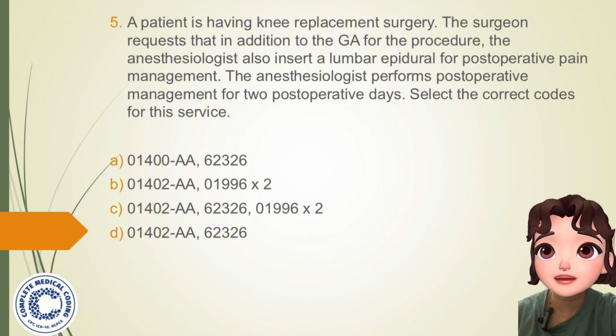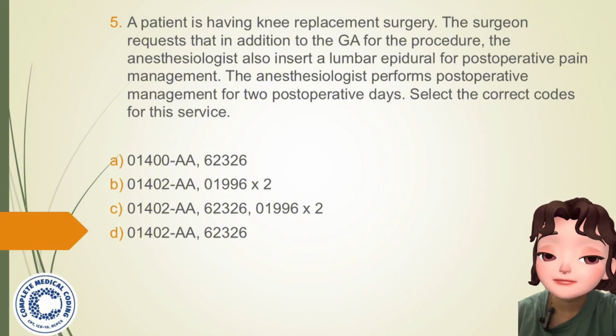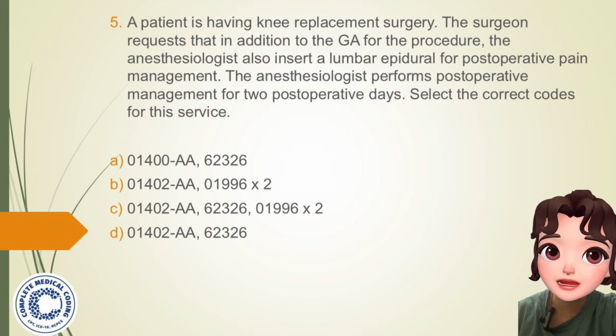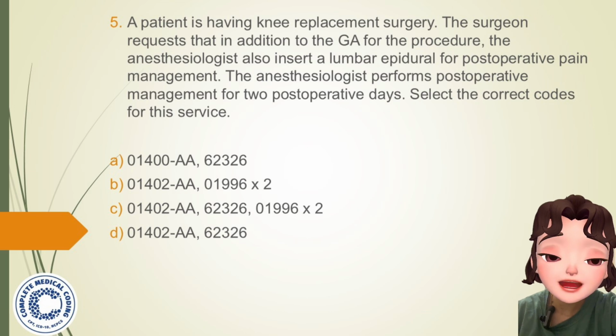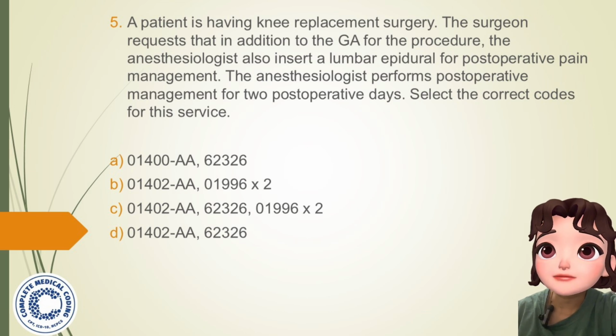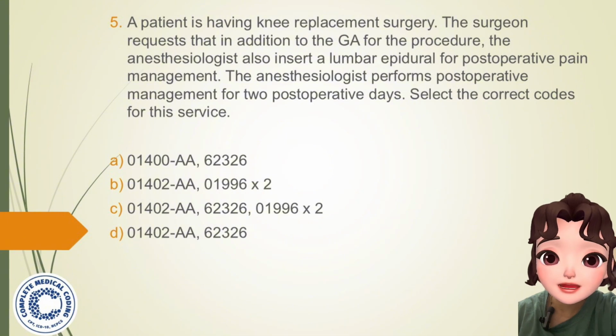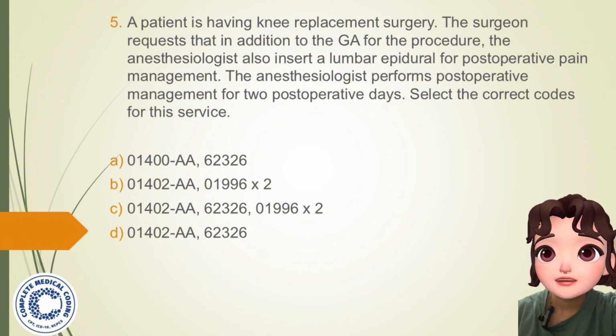Epidural is being given, right? Epidural for 2 post-operative days, lumbar epidural. So this is the code for lumbar epidural, 01996, daily hospital management, per day. If the physician does it for 2 post-operative days, we have to code it twice. That code also we have to code.